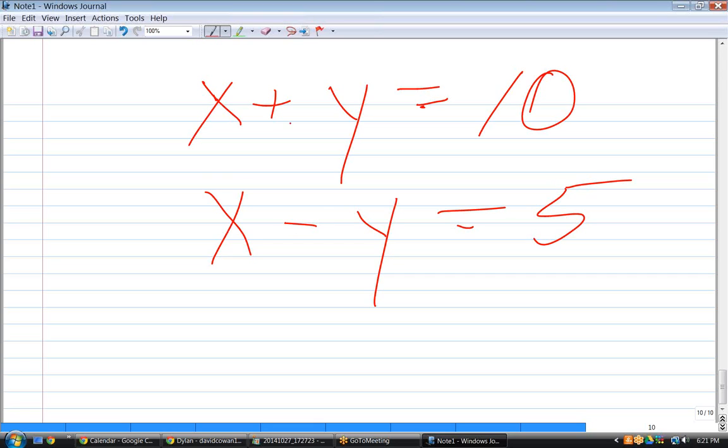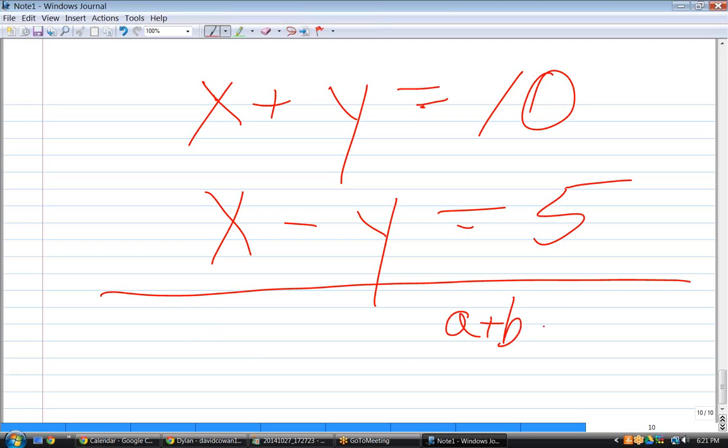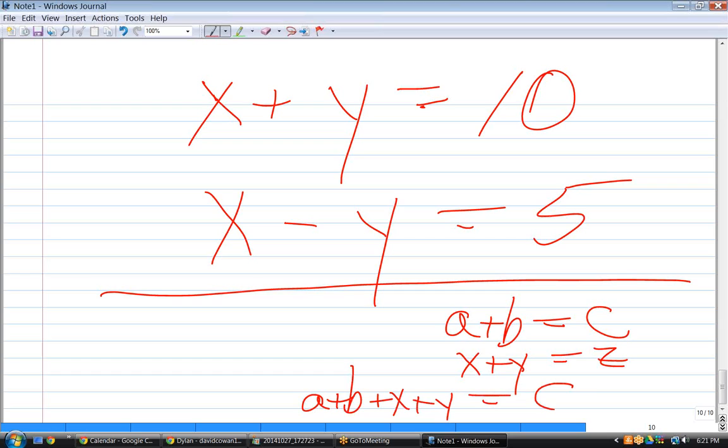And because we have them in this format, you're always allowed to add or subtract equations. In other words, if I have a plus b equals c and I have x plus y equals z, I can always add these so that a plus b plus x plus y equals c plus z, no matter what the equations are.